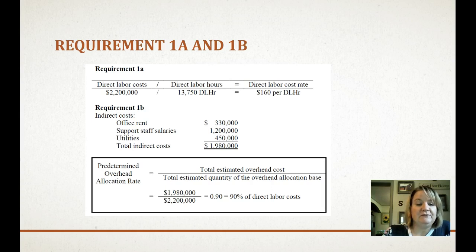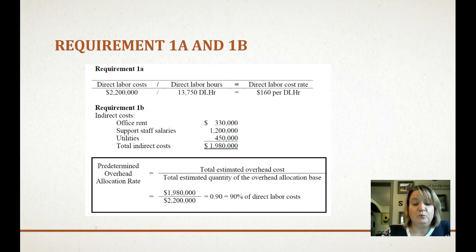And the requirements for 1B, the indirect costs: the office rent, the support staff salaries, and the utilities. So the total indirect costs were $1,980,000. So the predetermined overhead allocation rate is found by taking the total estimated overhead cost and dividing by the total estimated quantity of the overhead allocation base.